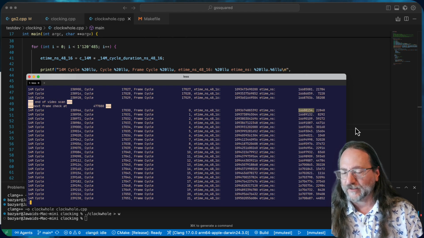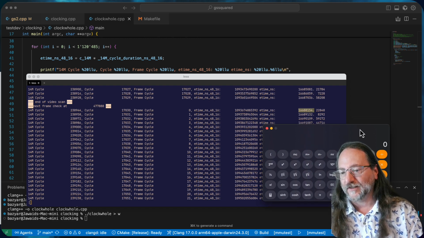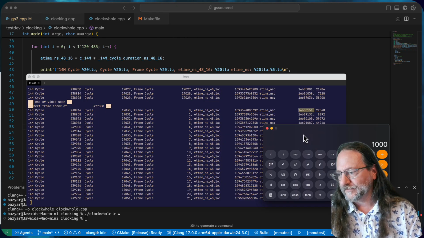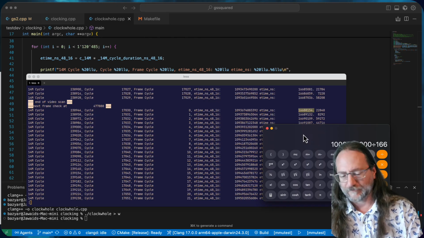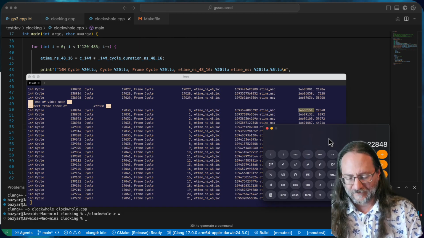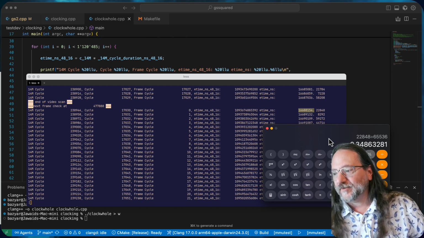What I want to do is calculate the number of frames per second based on this. So if this is one frame time, then I'm going to do 1 divided by 16688,154.5. Oh, no, sorry, 12848 divided by, see, there's some accumulated error here.